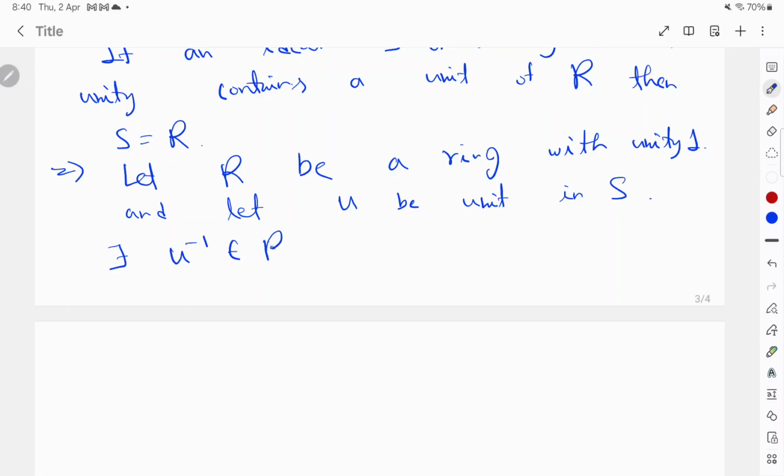We don't assume that this belongs to S, but obviously this is a unit, so U inverse exists.